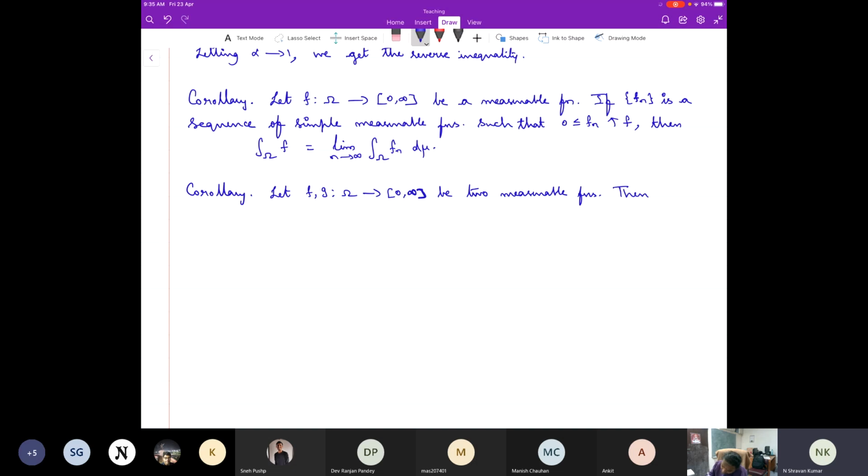Then the integral over omega of f plus g is the same as the integral over omega of f plus the integral over omega of g. Yes, so how do you show this? How do you prove this?